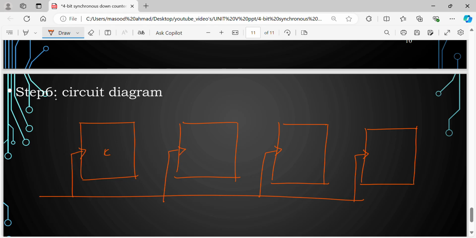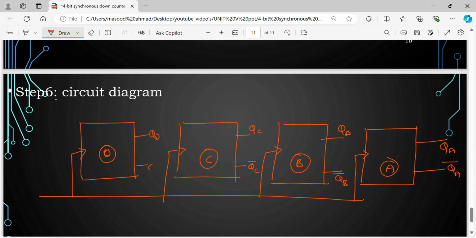We will represent the flip-flops. This is flip-flop D, flip-flop C, flip-flop B, flip-flop A, with outputs QA, QA bar, QB, QB bar, QC, QC bar, QD, QD bar. This is TA, which is always 1, connected to 1.